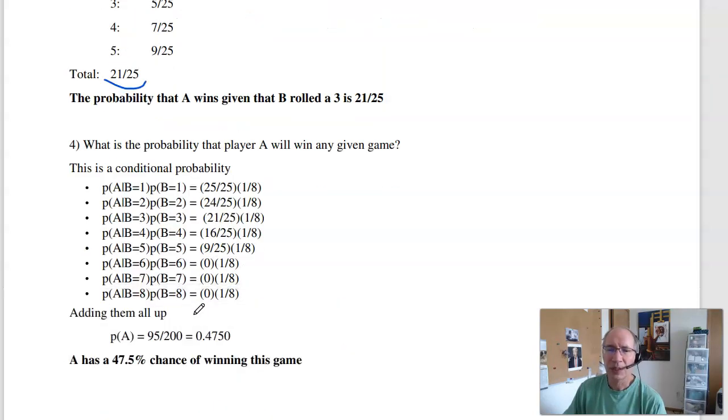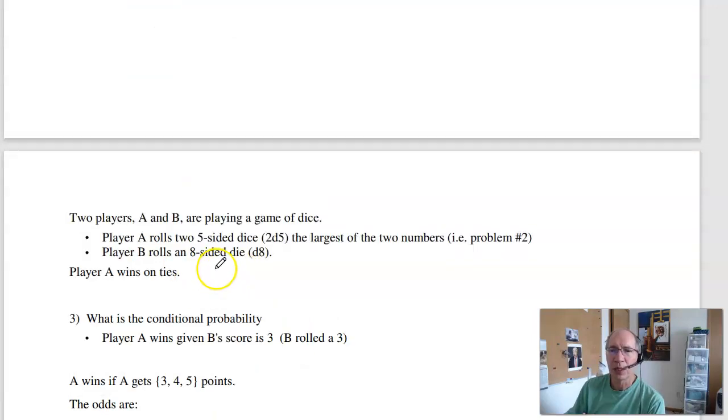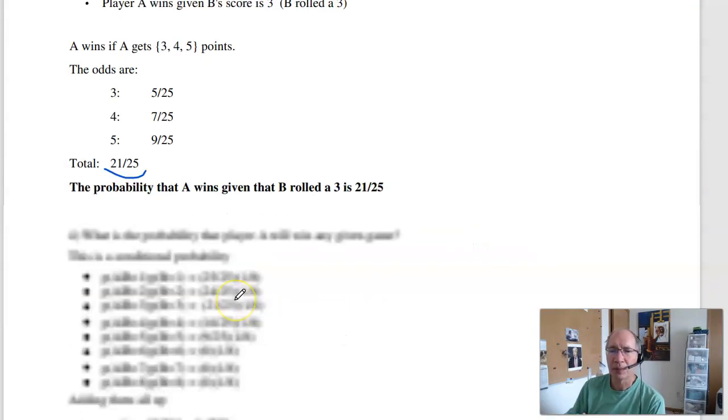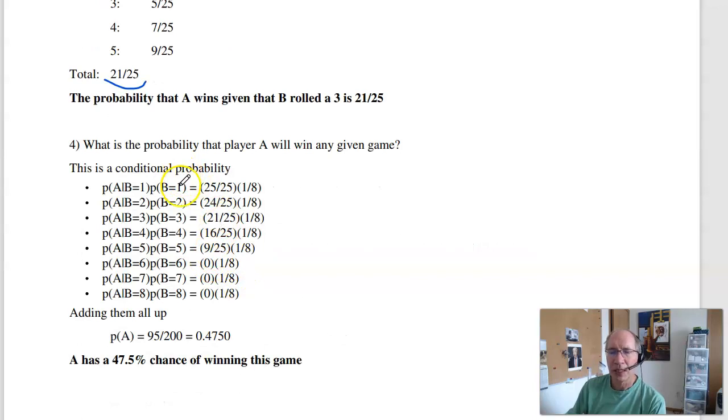Now, the reason for using conditional probabilities is it makes the match much easier to calculate. If I want to know, given this scenario, who do I bet on, A or B? Well, I take all possibilities. There is a 1 in 8 chance that B rolls a 1, 2, 3, 4, 5, 6, 7, or 8. If B rolls a 1, A is guaranteed to win. If B rolls a 2, then A needs to roll a 2 or higher, or 3 or higher, 4 or higher, 5 or higher.